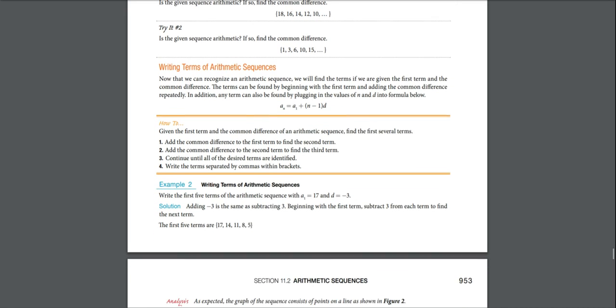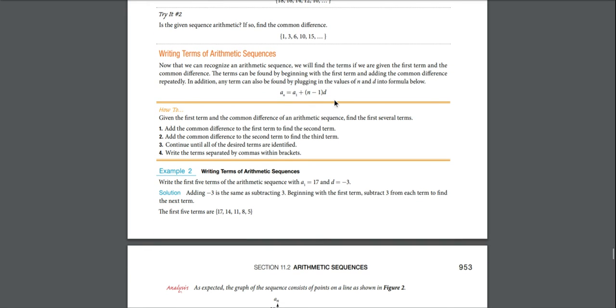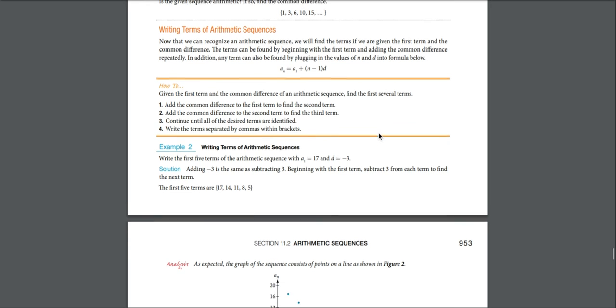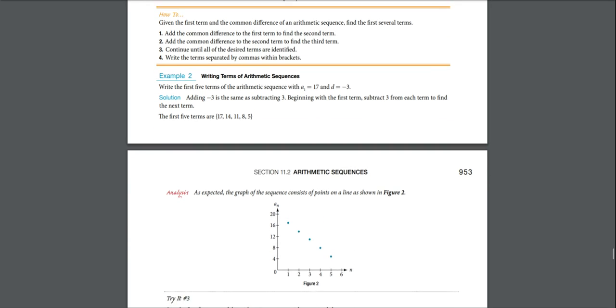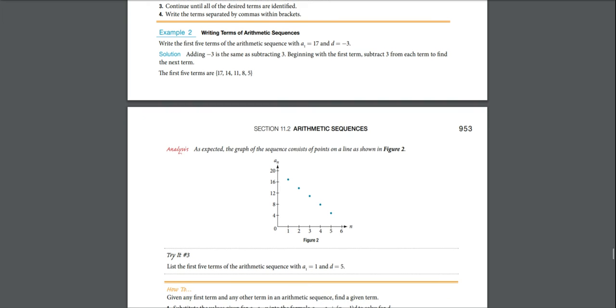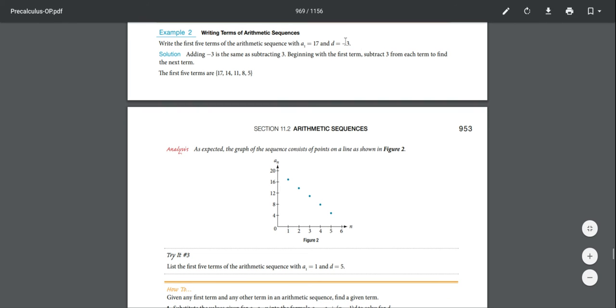So this is the formula for an arithmetic sequence: the first term plus the term number minus 1 times my common difference. That's what I was talking about before, just in a more official way of writing it. If I have the first term and the common difference, then I can write any term.